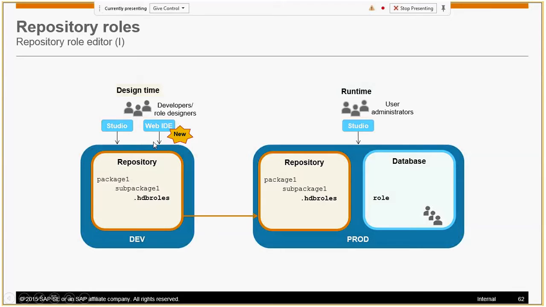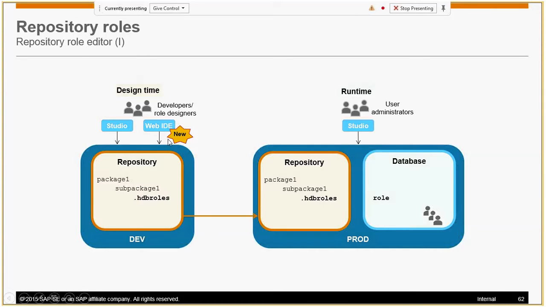And I can then, still talking about repository roles, create these roles from the web IDE. We will see that these two methods are really different, because in this case I need to code the content of the role, so there is a specific syntax that I need to use for that.